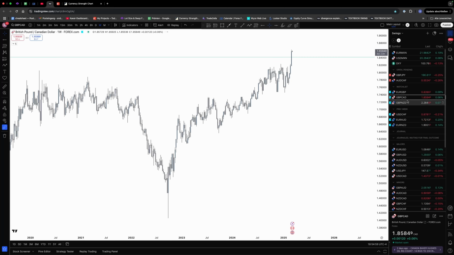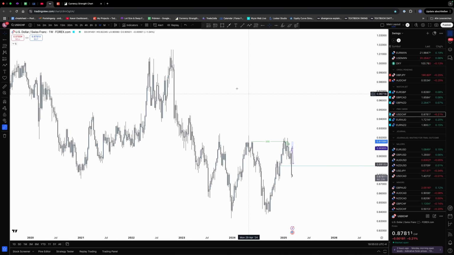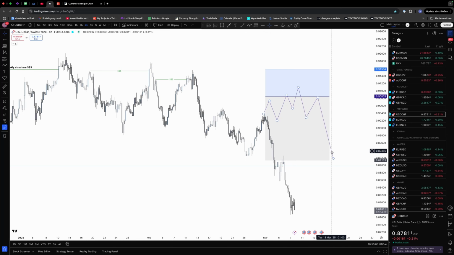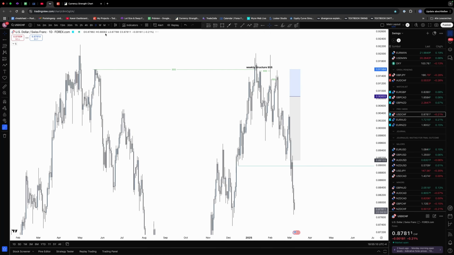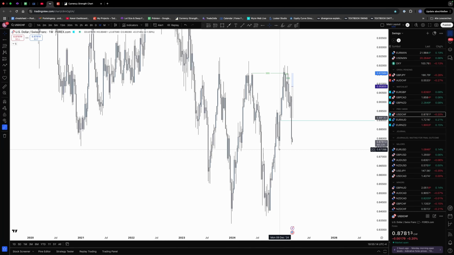So GBP CAD we just had, GBP NZD we had. Okay, so USD CHF. I missed the trade here last week. Let's see what we are doing here. Would be very nice if we could sweep this as inducement. This could set up as very nice longs here.